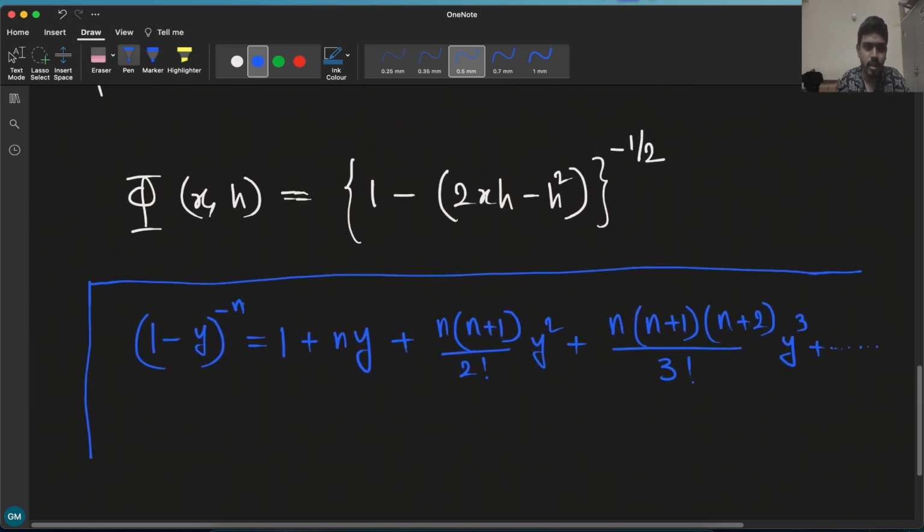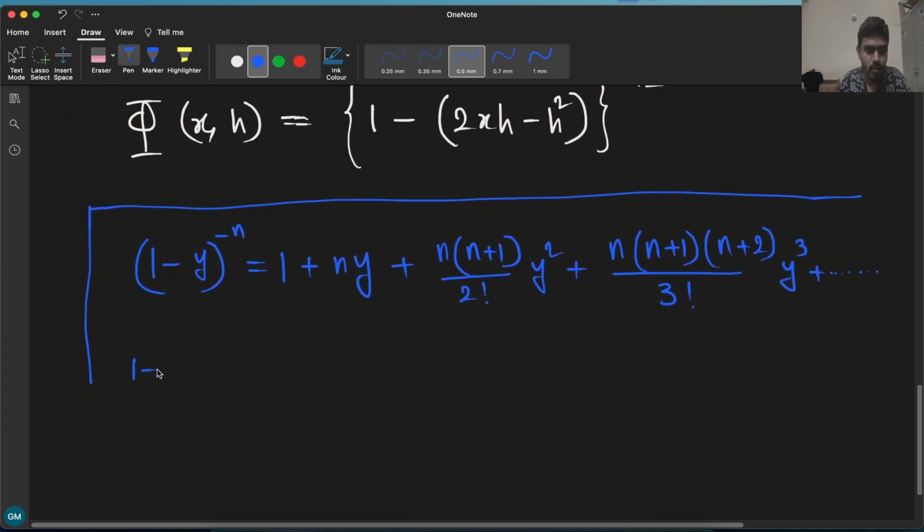Now here in our case n is half. So (1 minus y) to the power minus half equals 1 plus y by 2 plus half times (half plus 1), that is 3 by 4.